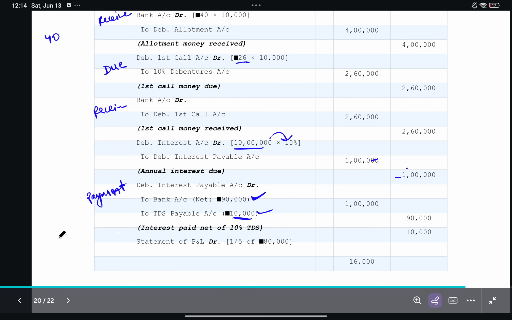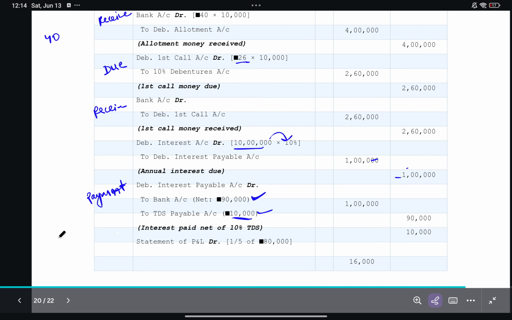Also we have to write off the loss from P&L, and the amount which should be written off is 1/5 of total loss. Total loss was 80,000. From where did I calculate this total loss? This is the total loss on issue of debentures. Got it?